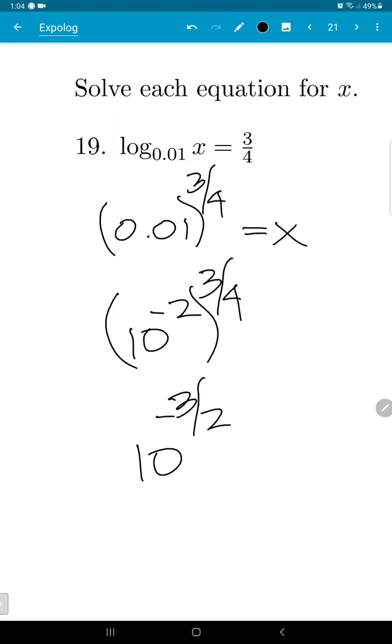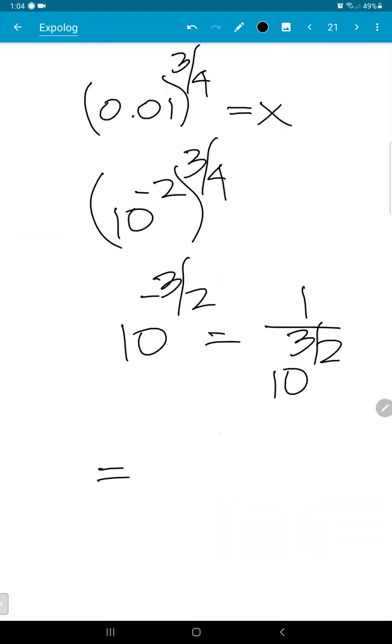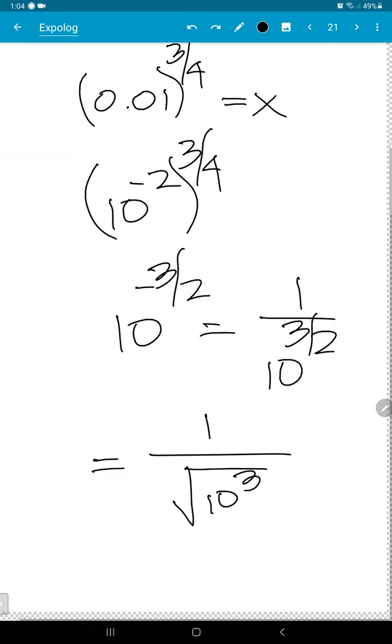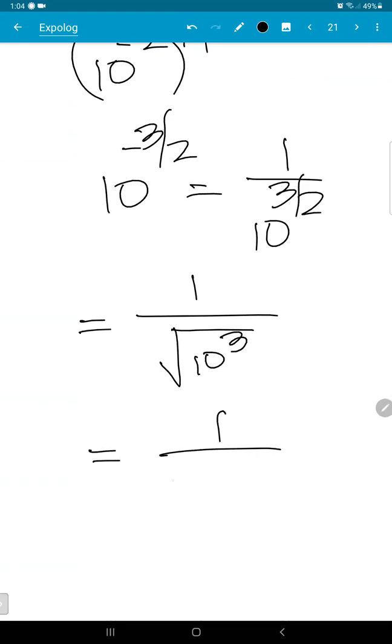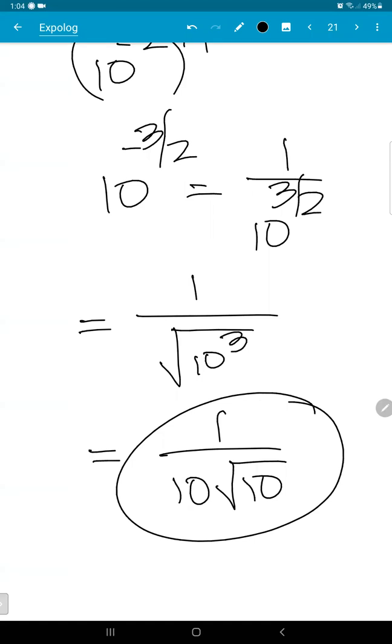And then this is not exact, so you write it as 1 over 10 to the 3 halves, and then 1 over the square root of 10 cubed, with 3, the exponent, and the index 2 for the square root. And that gives you 1 over 10 square root of 10 as the value of x.